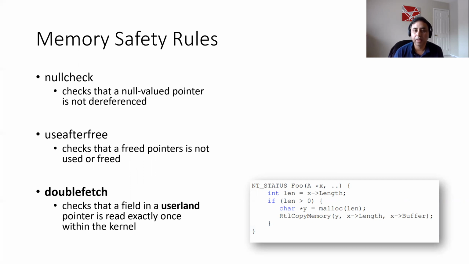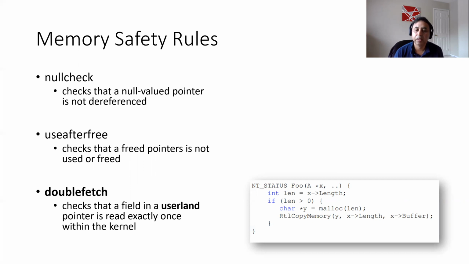So there are security implications where a user, in the window between the first read and the second read, can alter the value of length, and that might result in underflows and overflows when buffers are being copied inside the kernel.